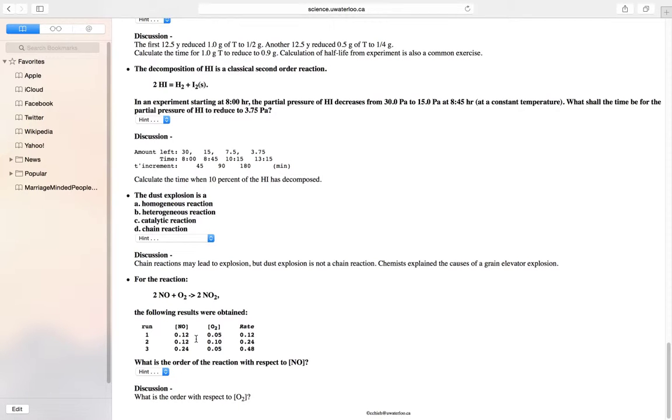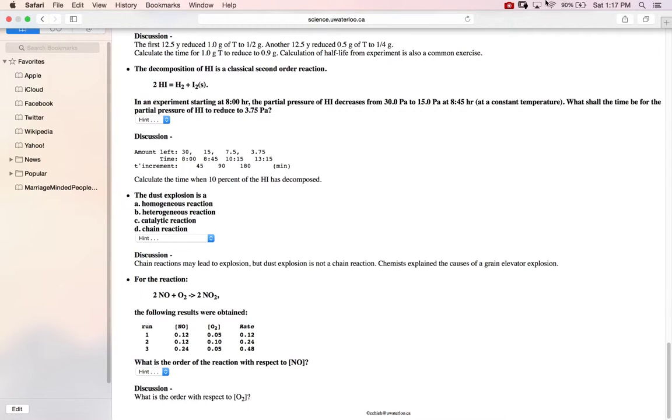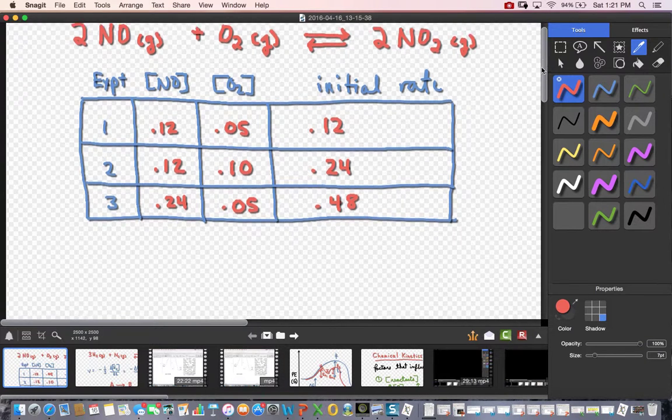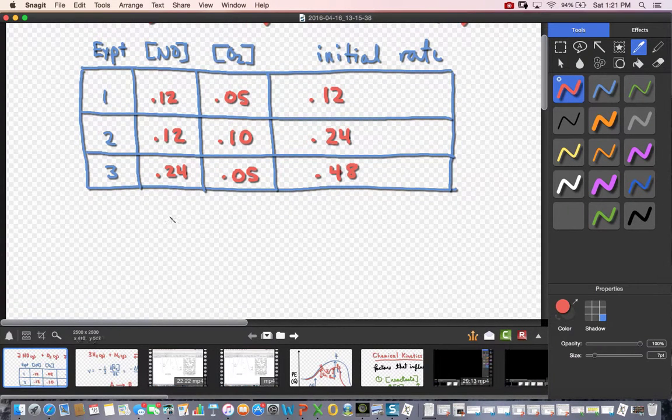So what I want to do here is to simply copy this data onto the easel, and then I'm going to show you how we manipulate it. So here we have our data, and what you really want to do is first write what we call an implicit rate law. That means that the rate of the reaction, V, is equal to the rate constant.